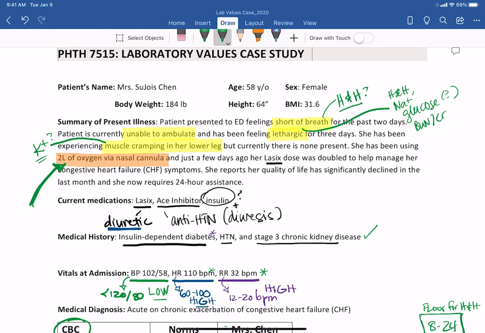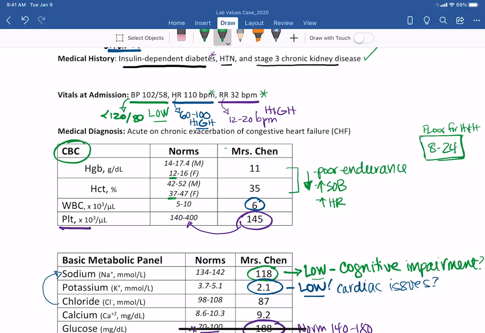So as we go through this chart, we see a lot of the symptoms do fit her clinical lab data. The medications that she's on make sense with the diagnoses that she has. The vitals are outside of the normal range, but nothing is scary levels.